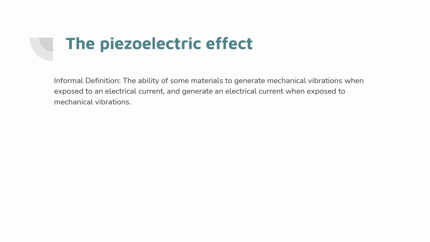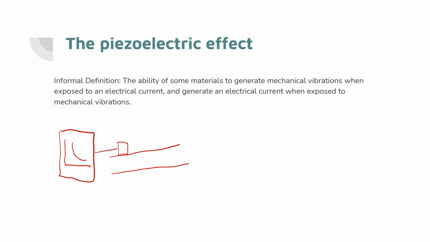So think about it this way. You have your UT set here with your screen, and this is connected to your ultrasonic probe. The probe is placed on a test piece, or a piece of steel. Now, your set generates electricity to the crystal on the inside here.